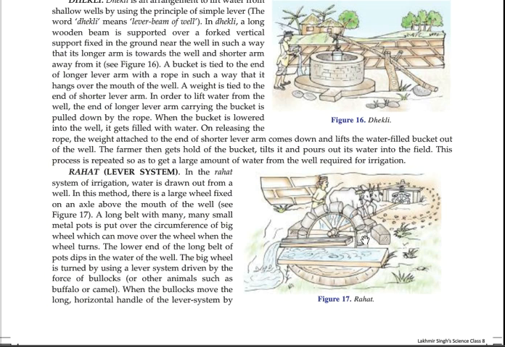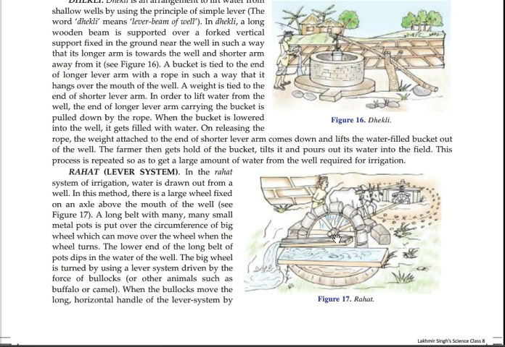Many small metal pods are put over the circumference of the big wheel, which can move over the wheel when the wheel turns. The lower end of the long belt of pods dips in the water of the well.